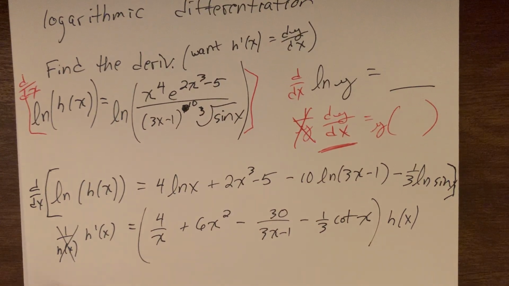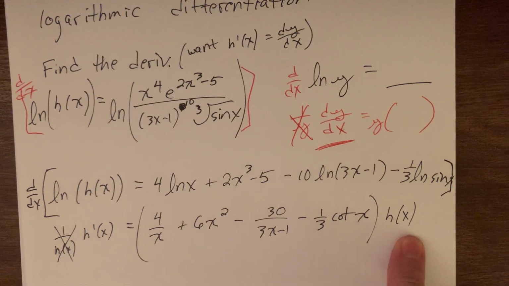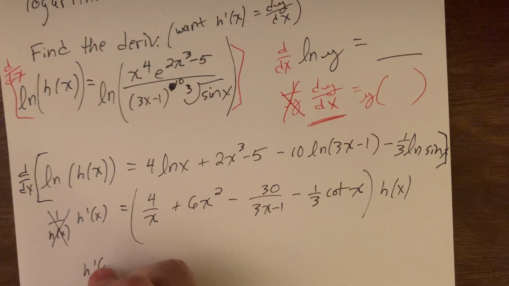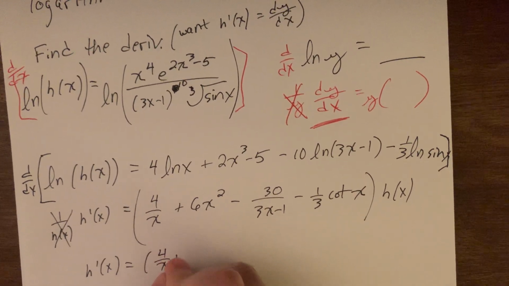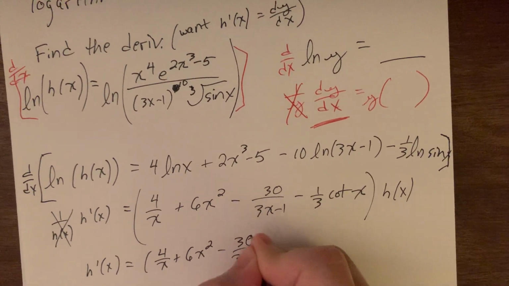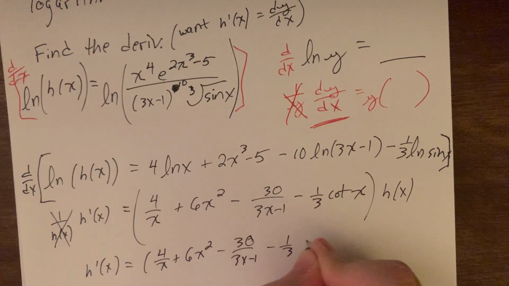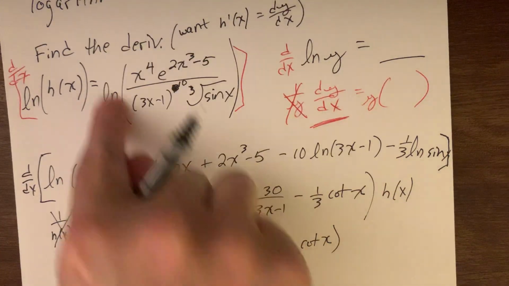But here's the last catch, everybody. I know it's a little messy, but don't be lazy. Don't leave that. So h prime equals all of this times this was the original h.